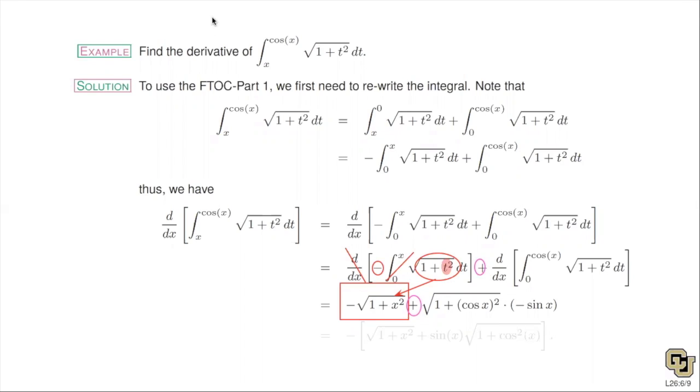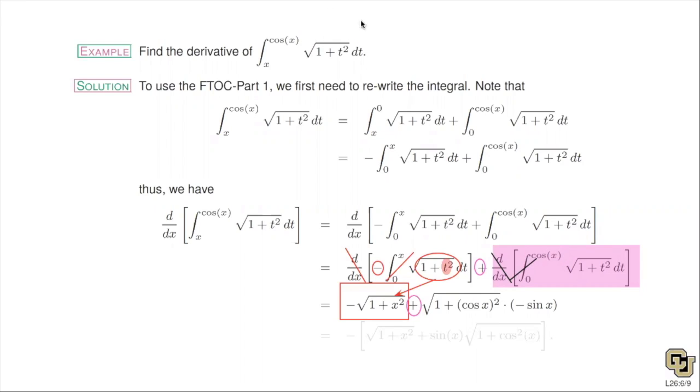And now here's my second fundamental theorem of calculus. Again, what we're kind of seeing in our mind is that the derivative and the integral cancel. This is a cosine x up here, so I've got to use the chain rule version. Okay, so what does that mean?